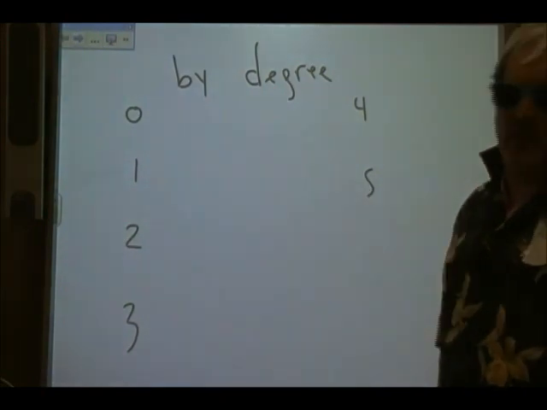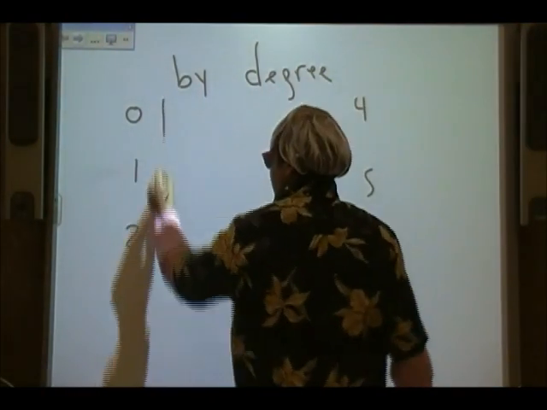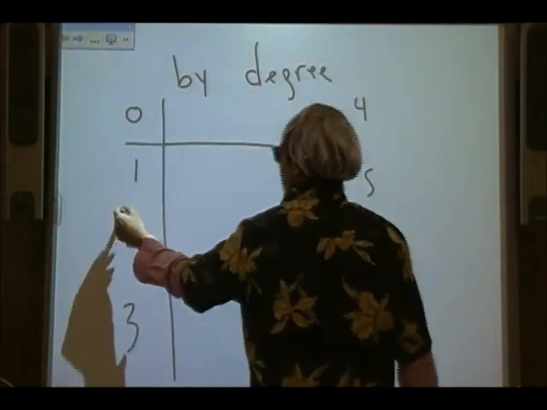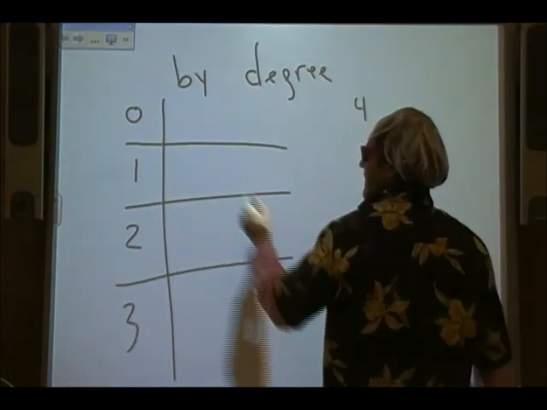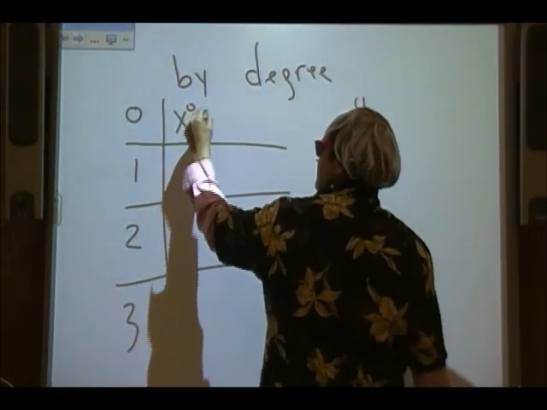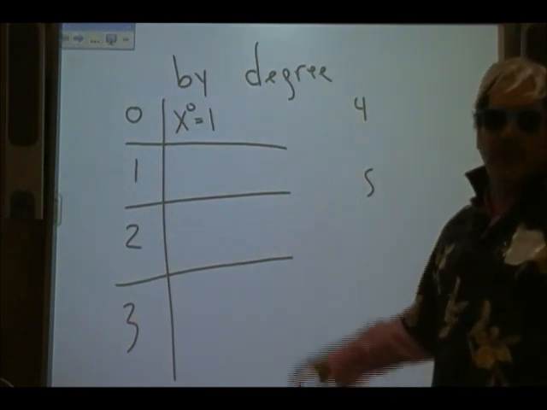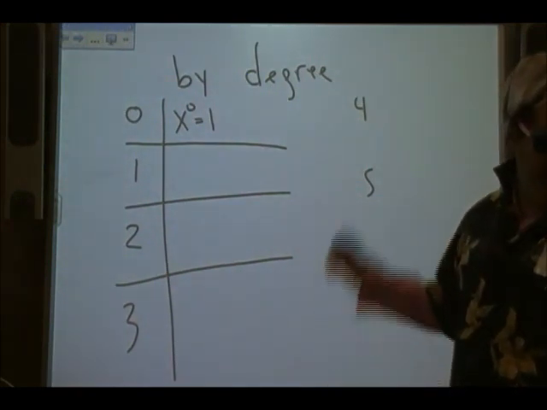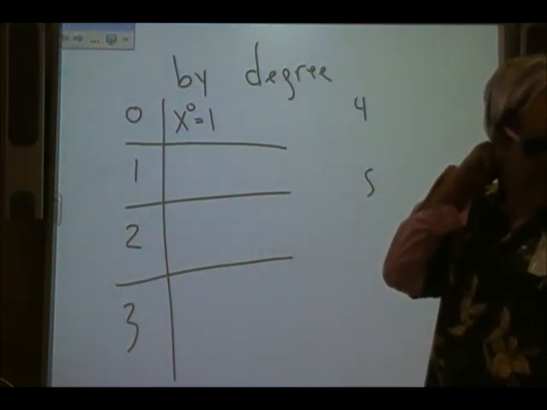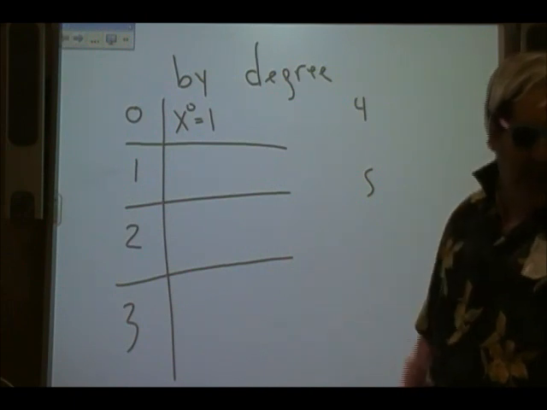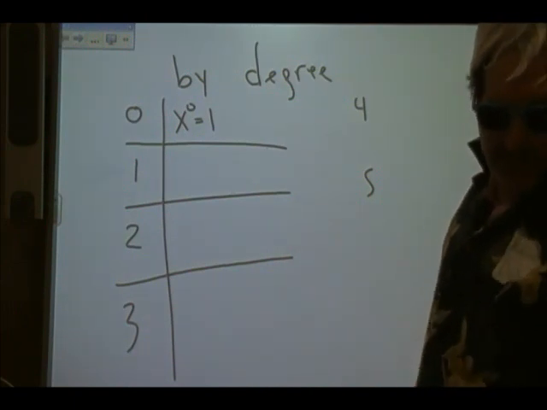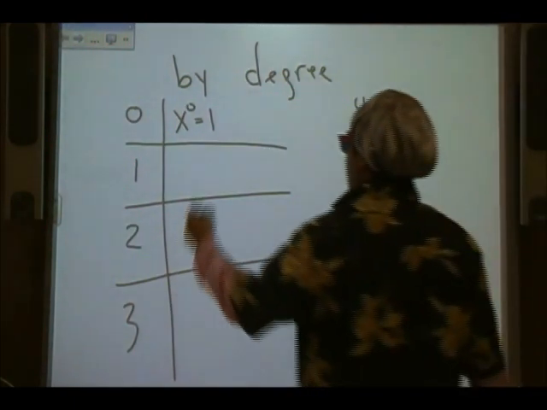Okay, to the 0 power. Let's give an example. X to the 0 just comes out to 1, right? So anything to the 0 power, or the 0 term, is just called a constant. Okay? It's a constant.